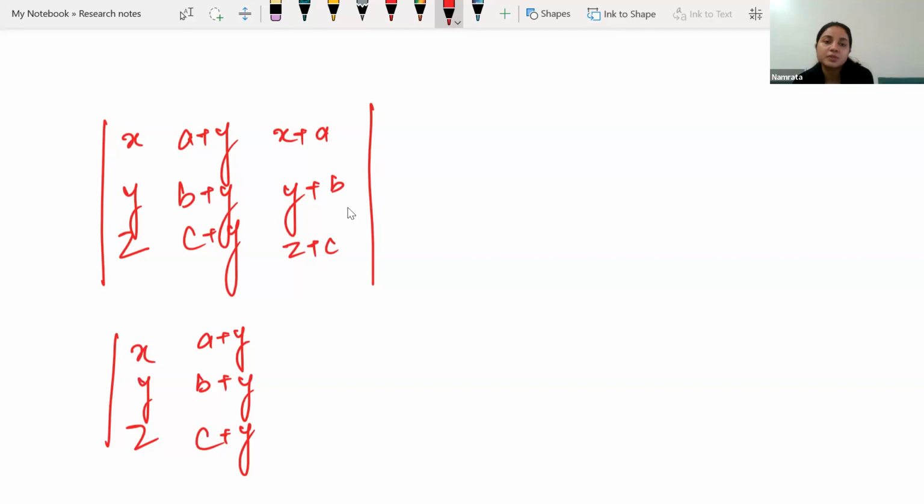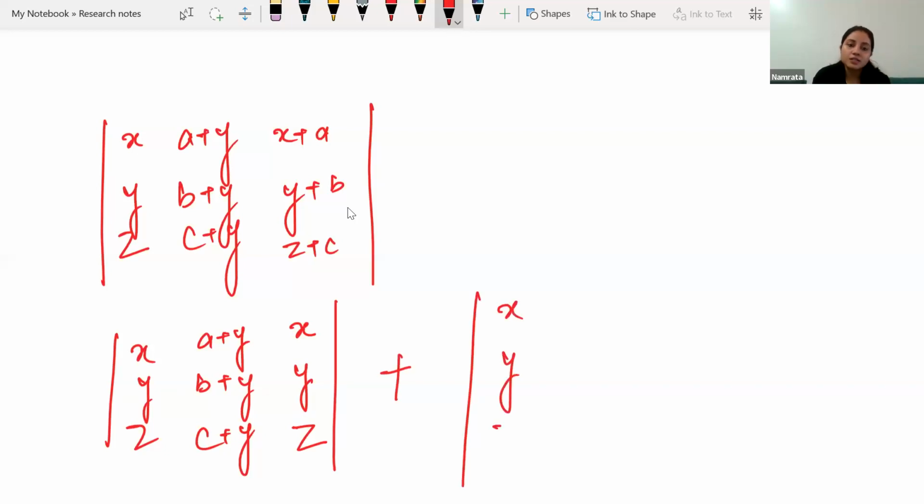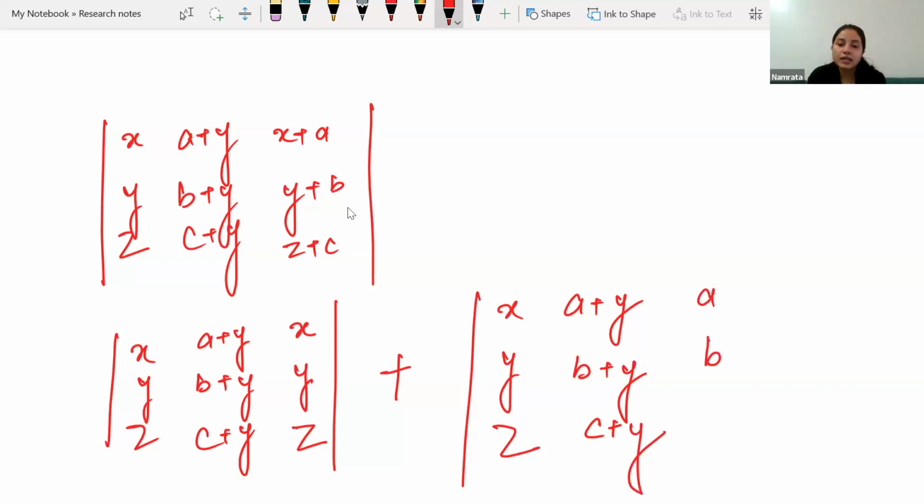So we write this one as a, this one y, this one z, plus x, y, z. This is also one of the properties of determinants: when there is addition or subtraction, we can break our determinant and write it in broken form like this. Let me know if this step is clear to you.